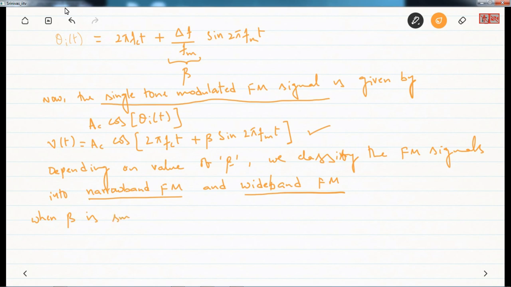When beta is small compared to 1 radian, we call it a narrowband FM.